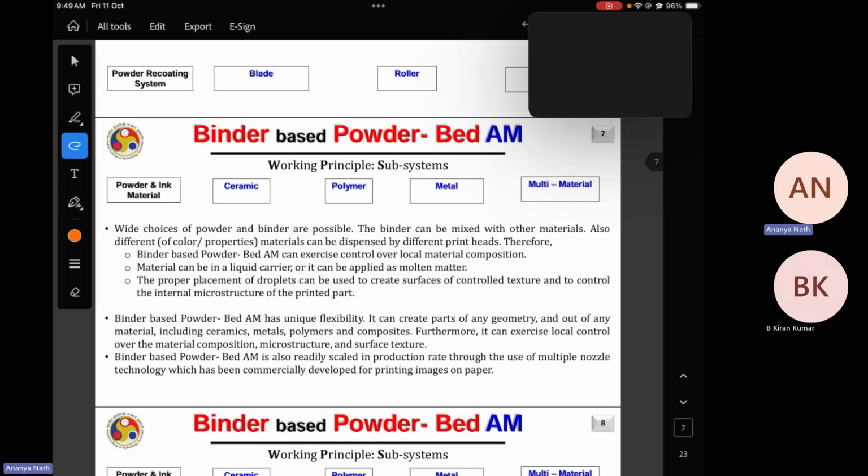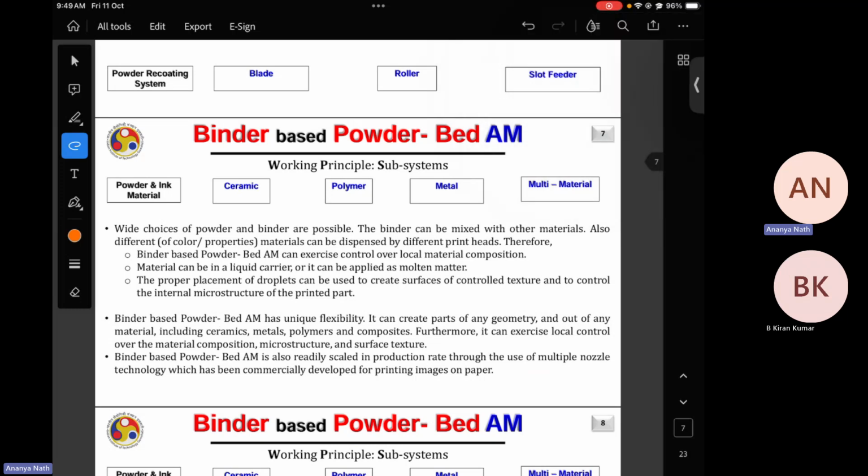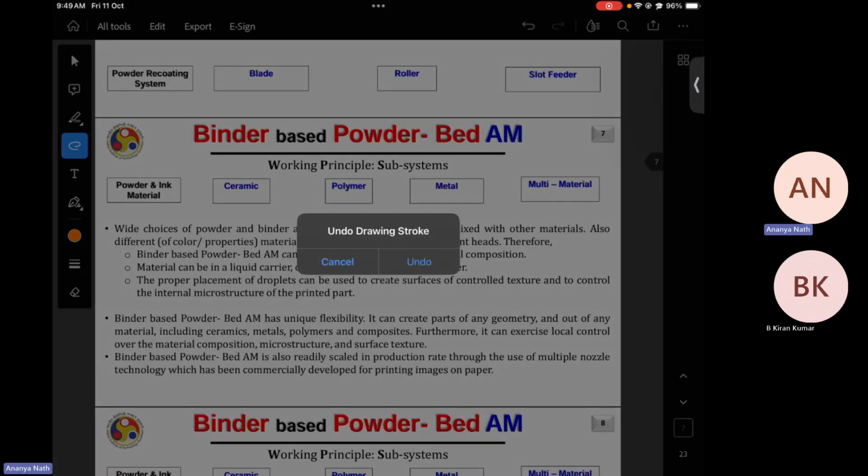So wide choices of powders and binders are possible. The binders can be mixed with other materials. Also, different materials can be dispensed by different print heads. Therefore, multi-material is possible. As the binder is dispensed from the head, that is also known as the ink head or binder head.